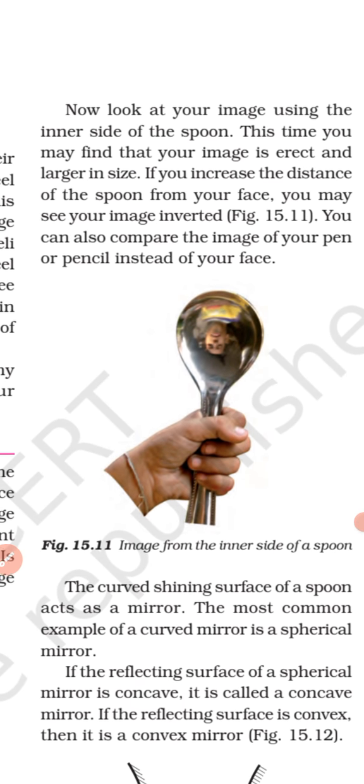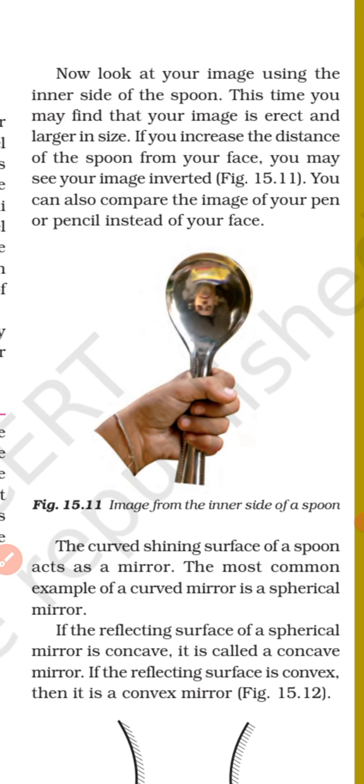Now look at your image using the inner side of the spoon. This time you may find that your image is erect and larger in size. And if you increase the distance of the spoon from your face, you may see your image is getting inverted. You can also compare the image of your pen or pencil instead of your face.